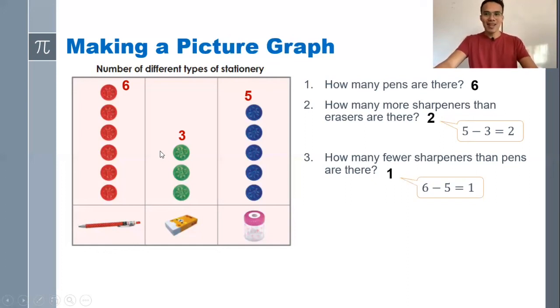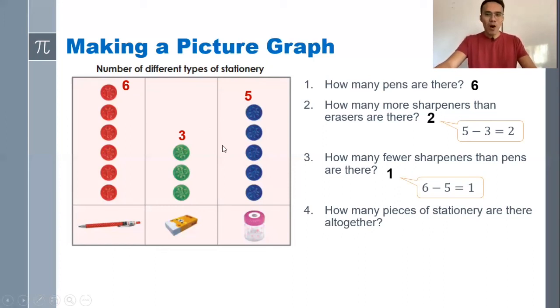All right. Now we are down to our final question. Question number 4. How many pieces of stationery are there all together? All together meaning you are going to count all of them, or you can just add 6, 3, and 5.